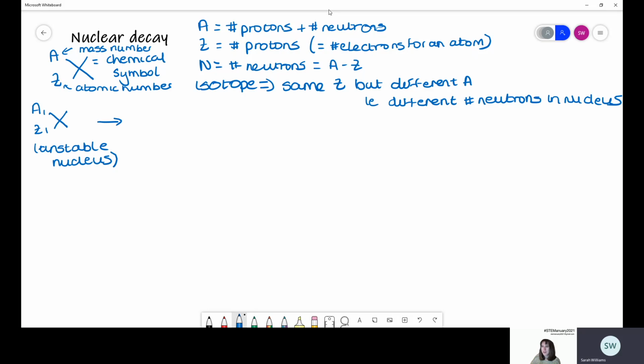That will decay to Y, which will have A2, Z2, plus some type of radiation, which I'll discuss soon. In some cases, the process might also lead to the release of some neutrons to rebalance the number of protons and neutrons inside the nucleus.